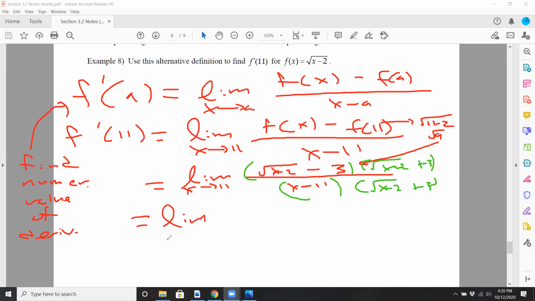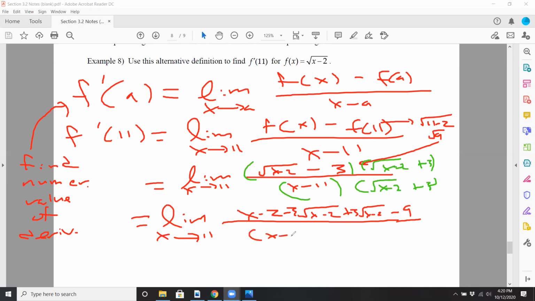The limit as x approaches 11. If I FOIL up top, I have x minus 2 minus 3 root x minus 2 plus 3 root x minus 2 minus 9. Down below, x minus 11 times root x minus 2 plus 3.